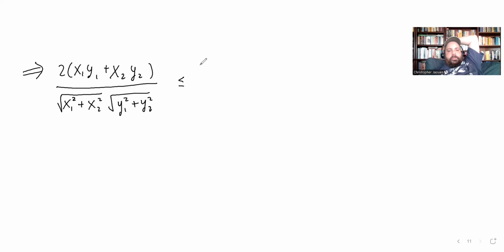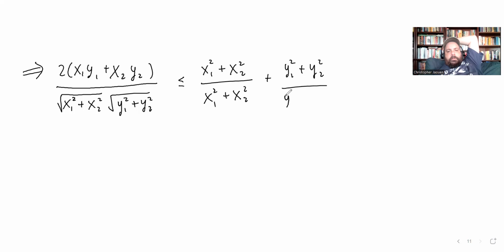is less than or equal to x1 squared plus x2 squared over x1 squared plus x2 squared, once you rearrange everything, plus y1 squared plus y2 squared over y1 squared plus y2 squared, which is equal to 2. And then you can multiply both sides by the square root signs.